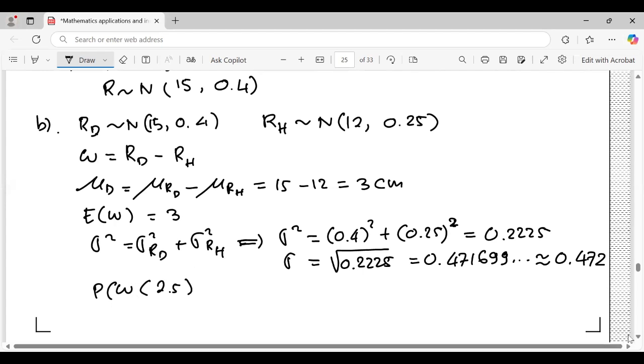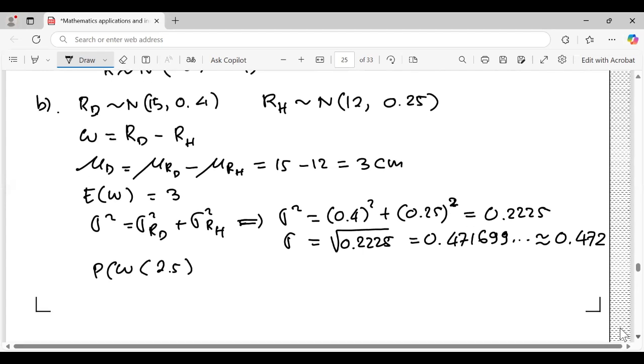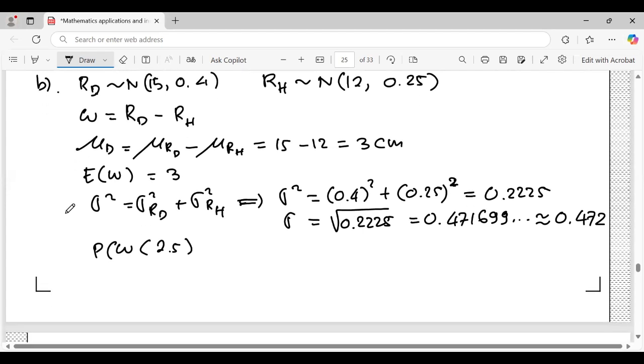Firstly, standardize the value using the Z score, Z equals W minus E(W) divided by the standard deviation of W, which is 0.47.